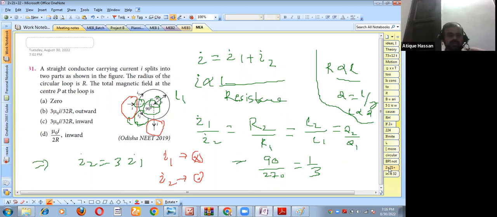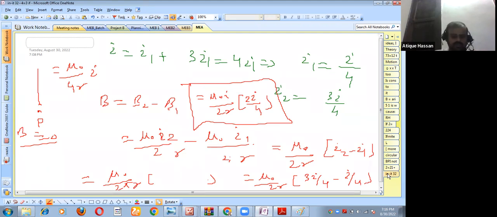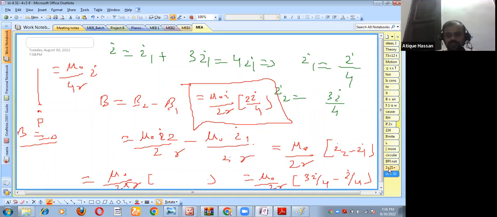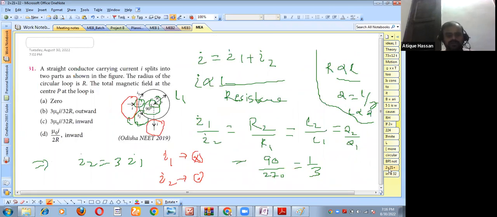I think mu naught I by 4r should be there, right? Let me check from another source. The option D should be mu naught I by 4r. Obviously it will be outward. Please both of you check the calculation. Is there any mistake in the calculation?